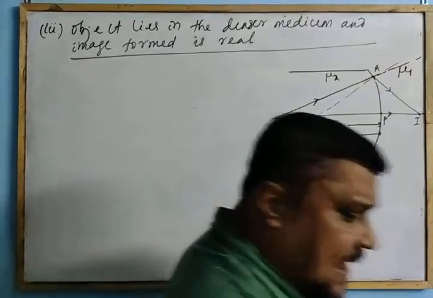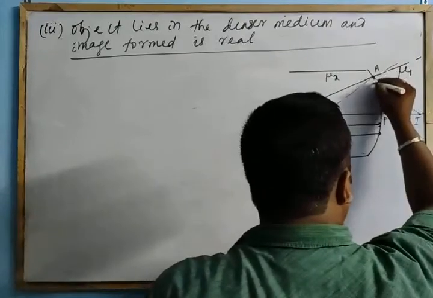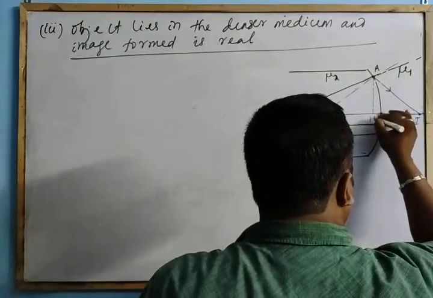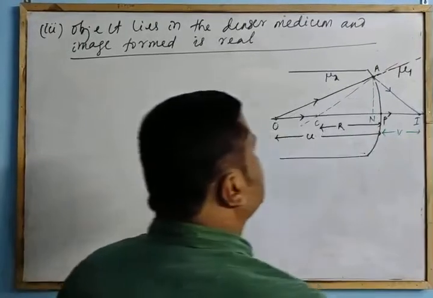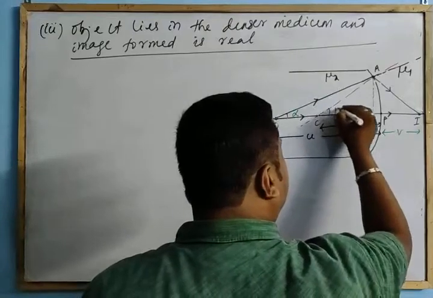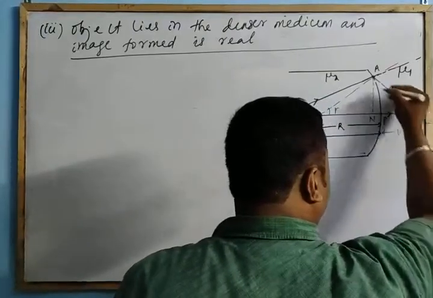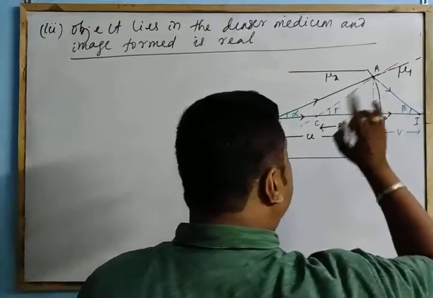Clear? Now you put the names like this, and draw a perpendicular AN, and PI is the image distance v. The ray from O makes an angle alpha, the ray from C makes an angle gamma, and the ray coming to I makes an angle beta. Clear? And what is the incident angle?